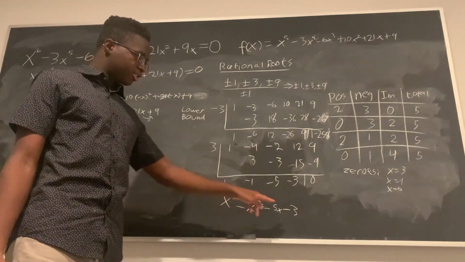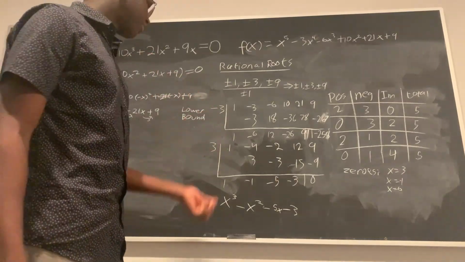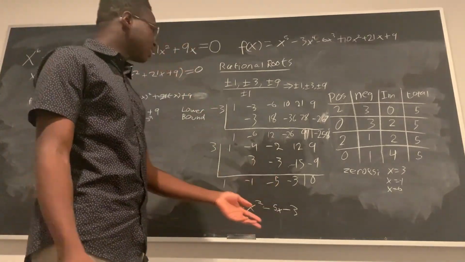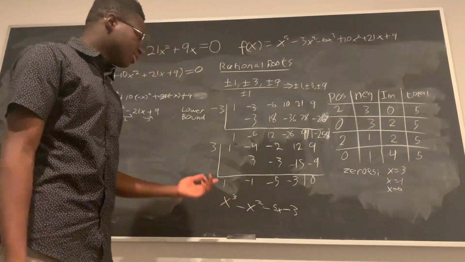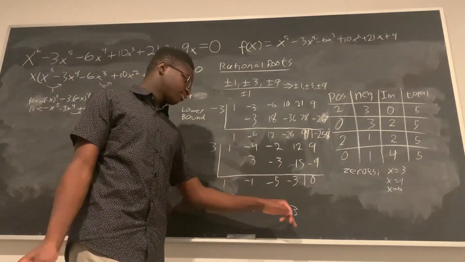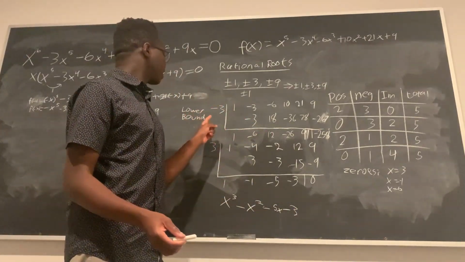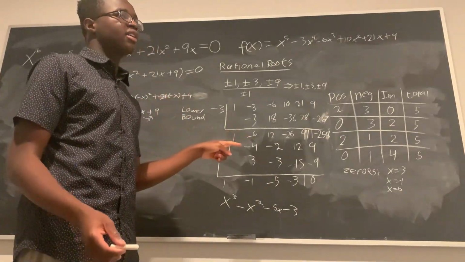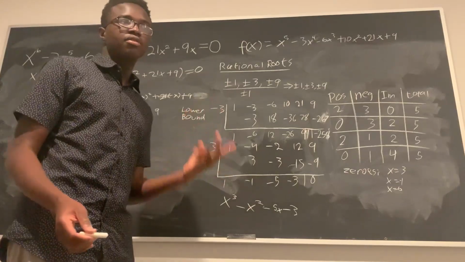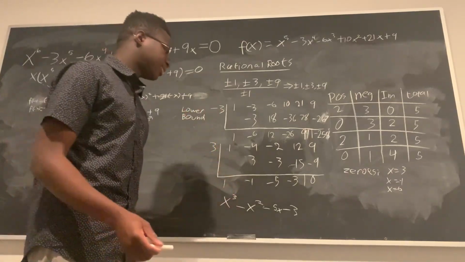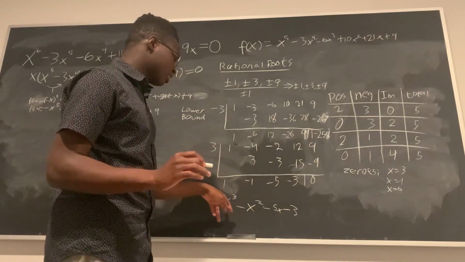One thing we should notice, this is negative 3. 9 is not a factor of 3, plus or minus, which means 9 should not be a value we waste our time testing, which also means that we only have 3 possible options, since we already know negative 3 is a lower bound, so it's not that. So we have negative 1, 1, and 3, which means we can also narrow down which ones to choose by Descartes.